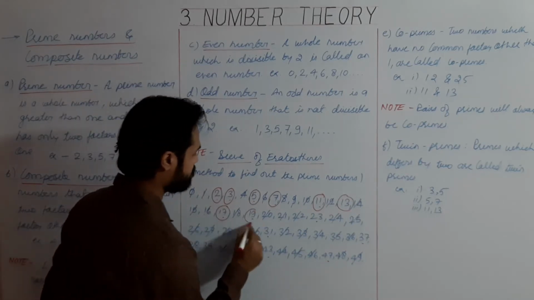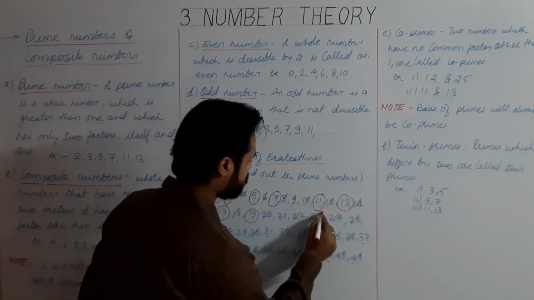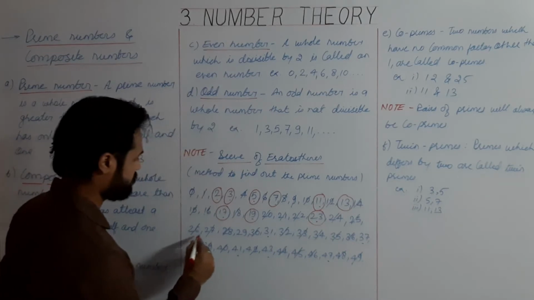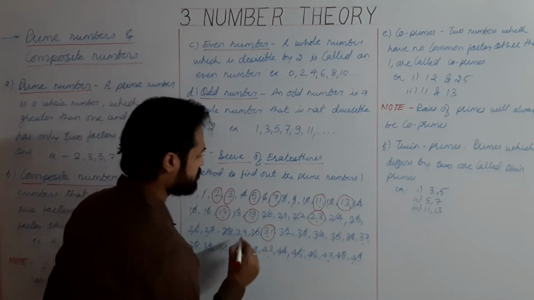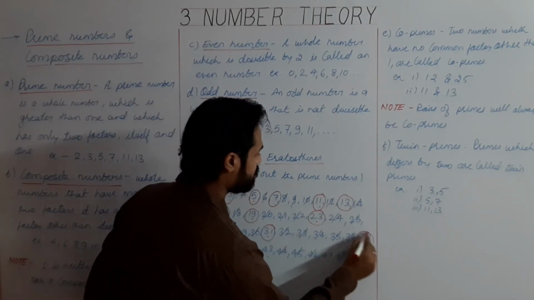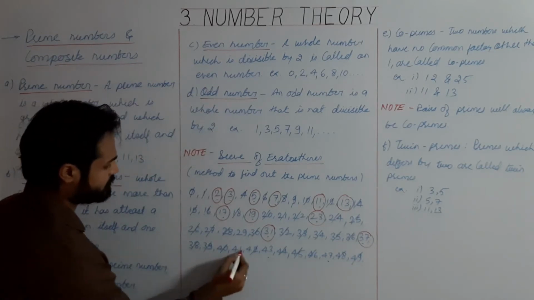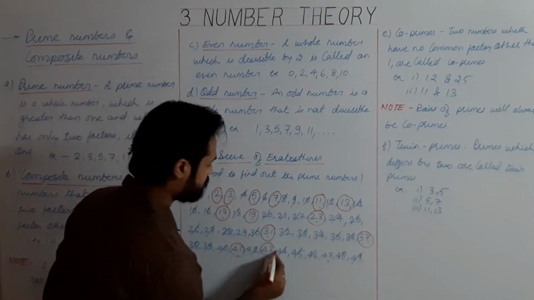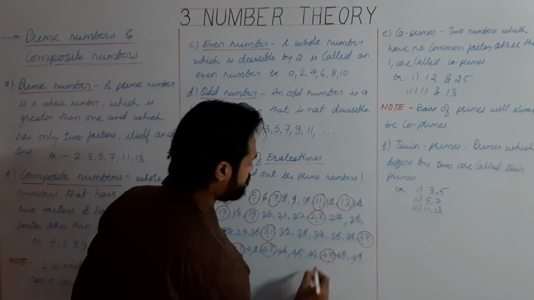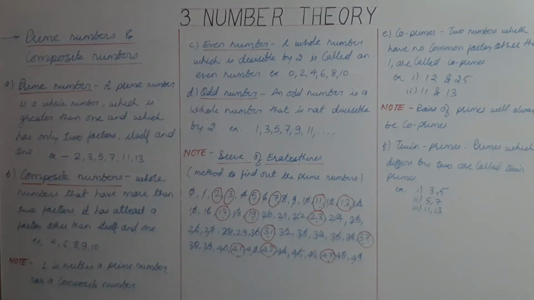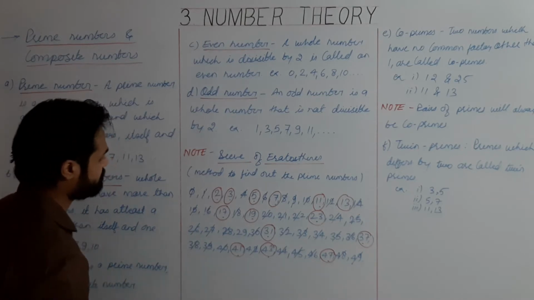Next 17. Then 19, 23. Then we have 31, 37, 41, 43 and 47.